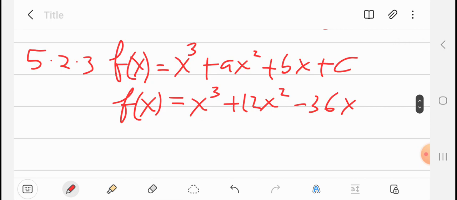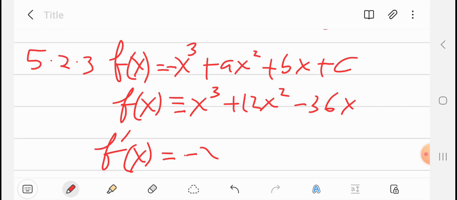With this in mind, we find the first derivative of the function: f prime of x equals minus 3x squared plus 24x minus 36.